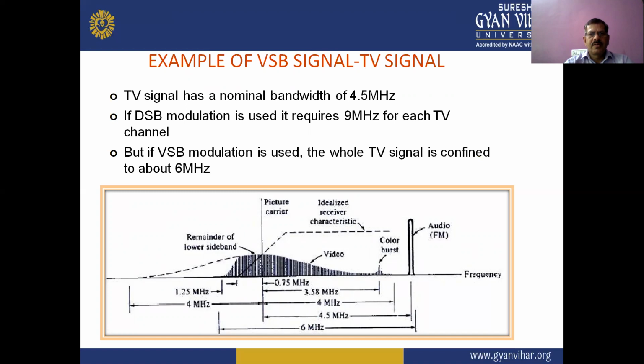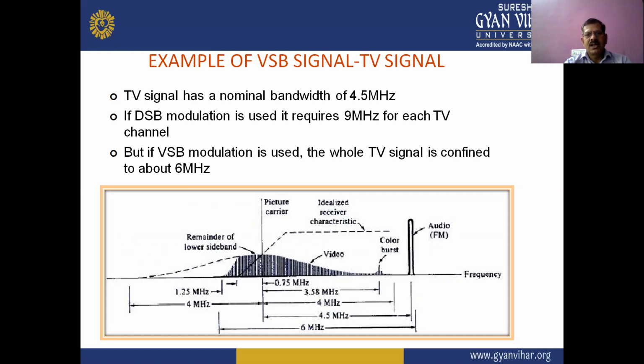Examples of VSB signal, that is, the TV signals. A TV signal has a nominal bandwidth of 4.5 megahertz. So this is the example of a VSB signal, which is generally used in TV or television signals. If DSB modulation is used, it requires 9 megahertz for each TV channel. What if VSB modulation is used?